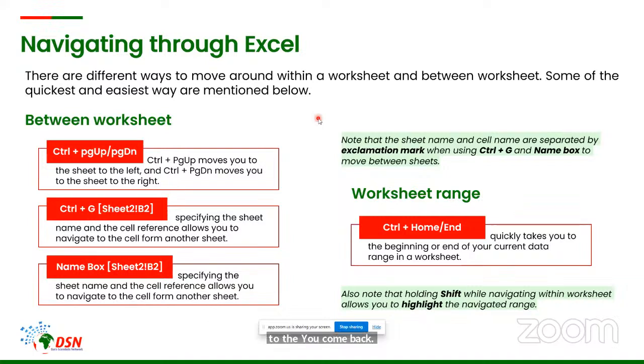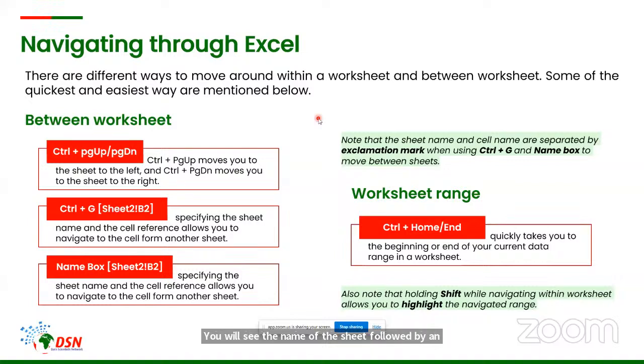So if I want to go to another sheet, I can do Ctrl G. Remember, Ctrl G allows us to specify the cell name. You can also specify a cell name in another sheet. This is the format by which you specify the sheet: just say the name of the sheet followed by an exclamation mark and the cell that you want to go to.